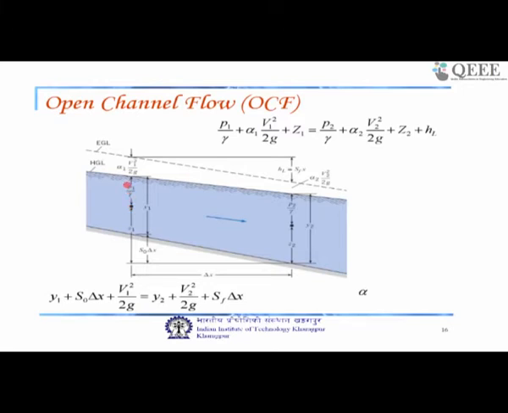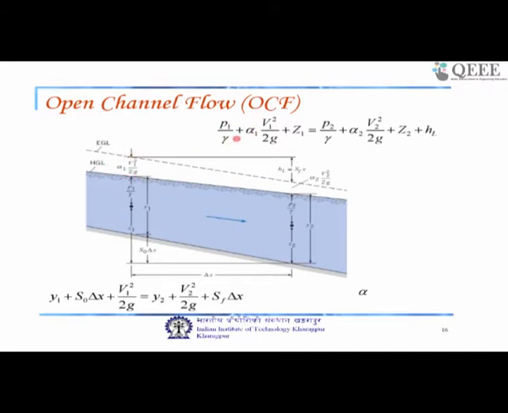At the same time, this p by gamma is the piezometric head or pressure head corresponding to that, and the velocity head which is associated with this section is v1 square by 2g, and alpha 1 is the corresponding correction factor.